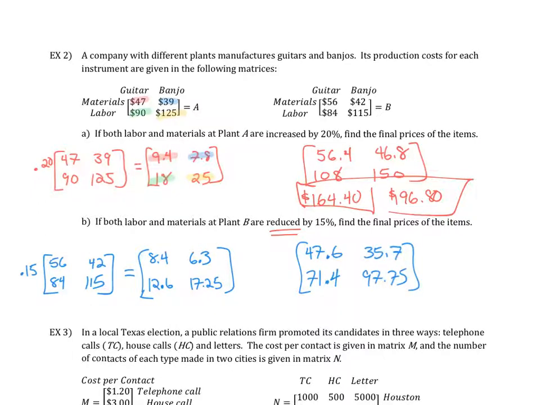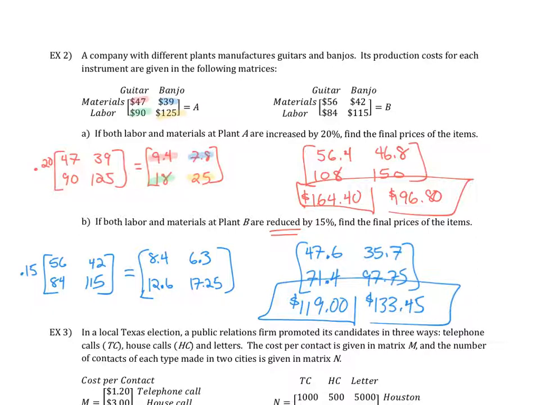And again, we're trying to find the final price of each item, being the guitar and the banjo. So if we just add these together, you can see here the first column represents the materials and labor costs for guitar. If we add these together, we can find the price that we should be charging for a guitar. So that would be $119 for the guitar and $133.45 for the banjo.